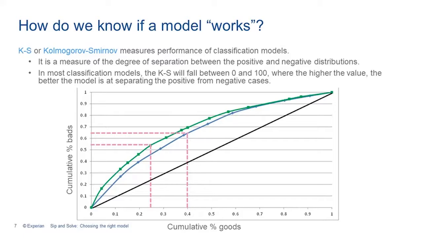KS score goes from 0 to 100, with the higher being more predictive. 100 would be perfectly predictive. So if you had those 100 gumballs, 50 reds and 50 blues, if you could select 50 gumballs and get all blues, that would give you a KS of 100.